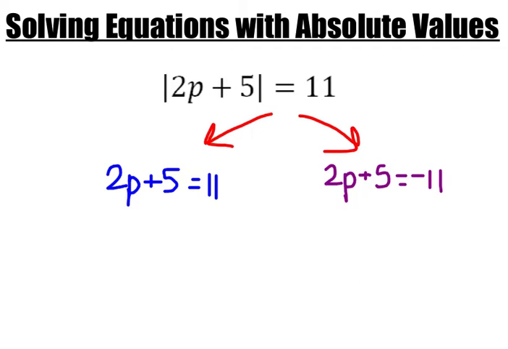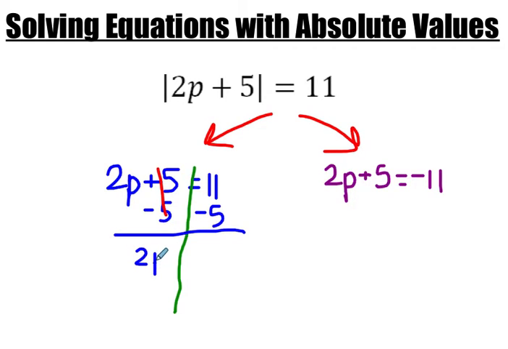So now I need to solve each of these equations just like we've been solving in the rest of chapter 2. So here's my wall through my equal sign. I always remove anything held on by addition or subtraction first. So I'm going to subtract 5 from both sides. Those 5s are going to cancel out, leaving me with 2p on the left-hand side, and that's going to be equal to 11 minus 5 is 6.